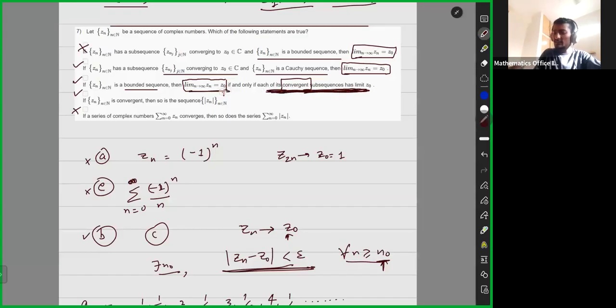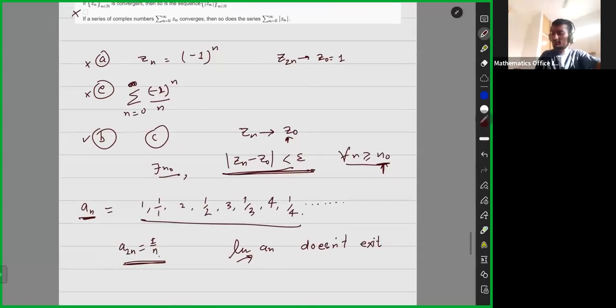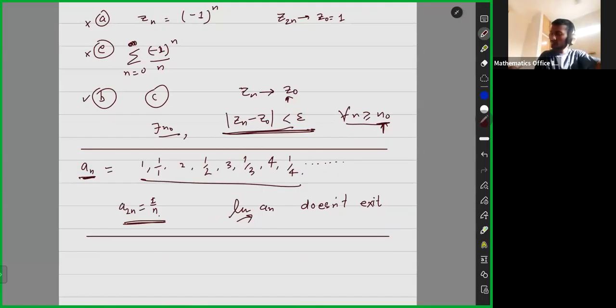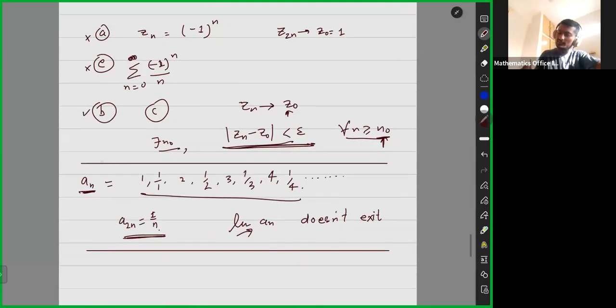But the limit does not exist. This is the example. That is where we need bounded. Okay, this is what we need bounded in C.